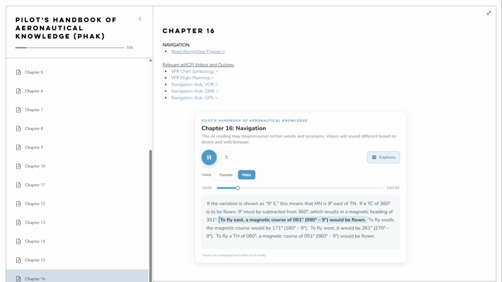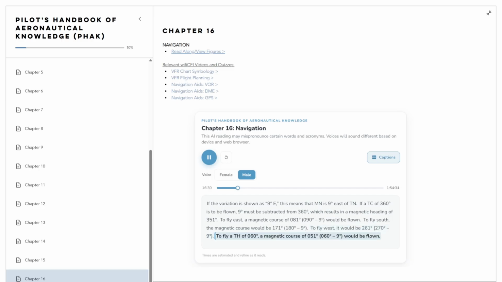To fly east, a magnetic course of 081 degrees, 090 degrees minus 9 degrees, would be flown. To fly south, the magnetic course would be 171 degrees, 180 degrees minus 9 degrees. To fly west, it would be 261 degrees, 270 degrees minus 9 degrees.